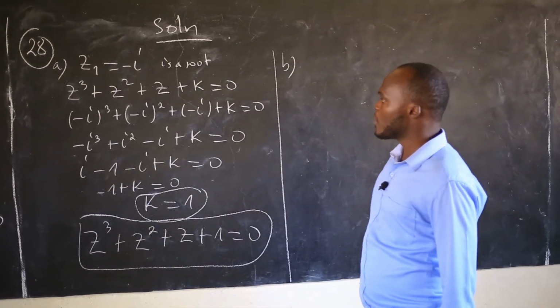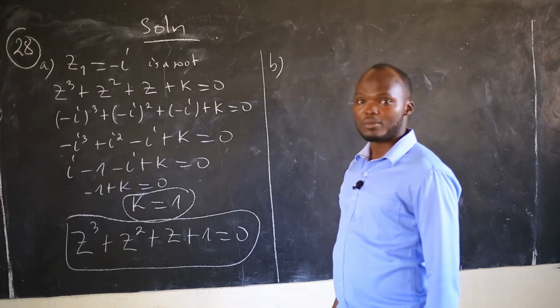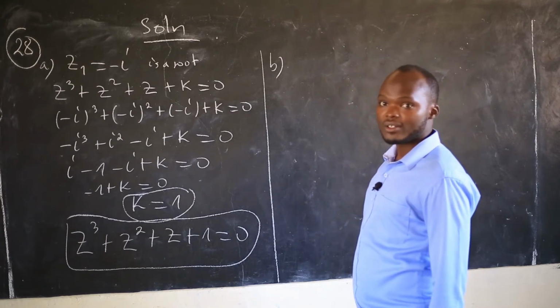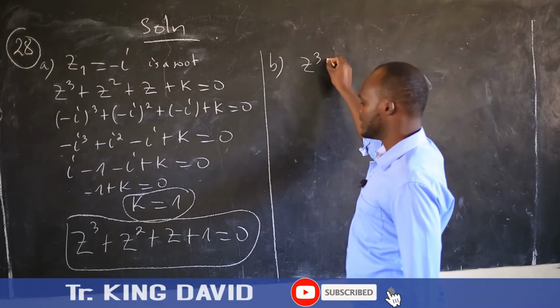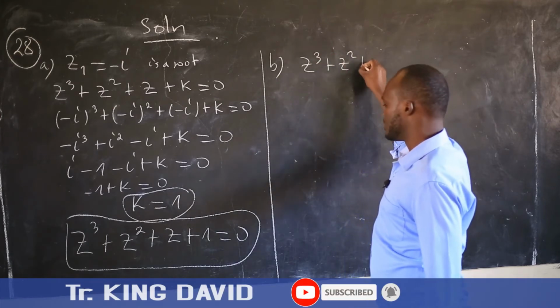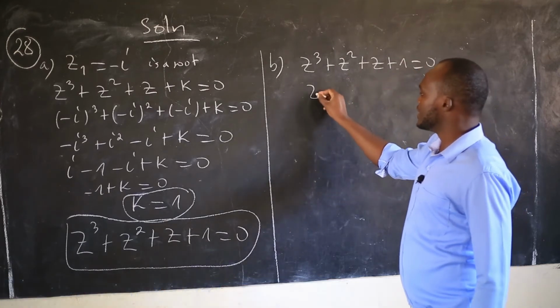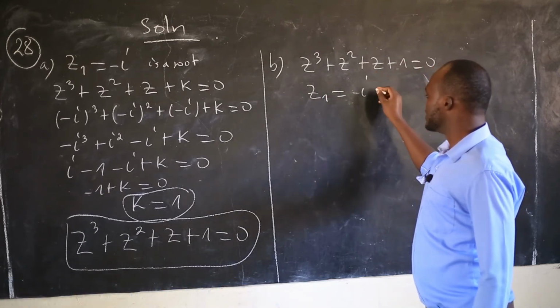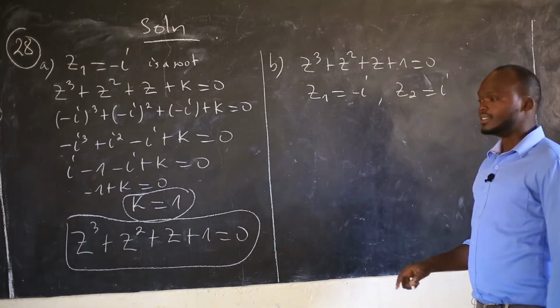So remember, when you are given a root, as that root is a complex number, another root is the conjugate of that one. So for z^3 + z^2 + z + 1 = 0, then z1 equals negative i, it means that another root is z2 which is i, the conjugate of this one.